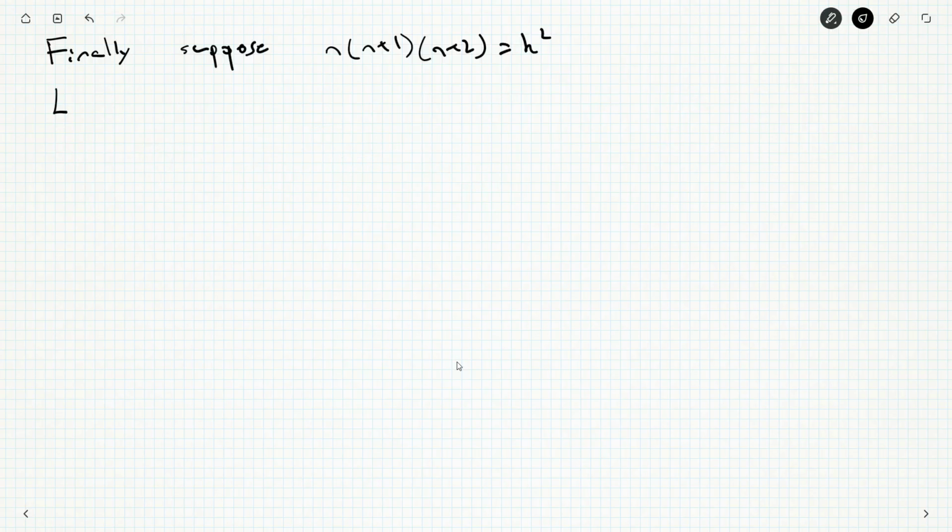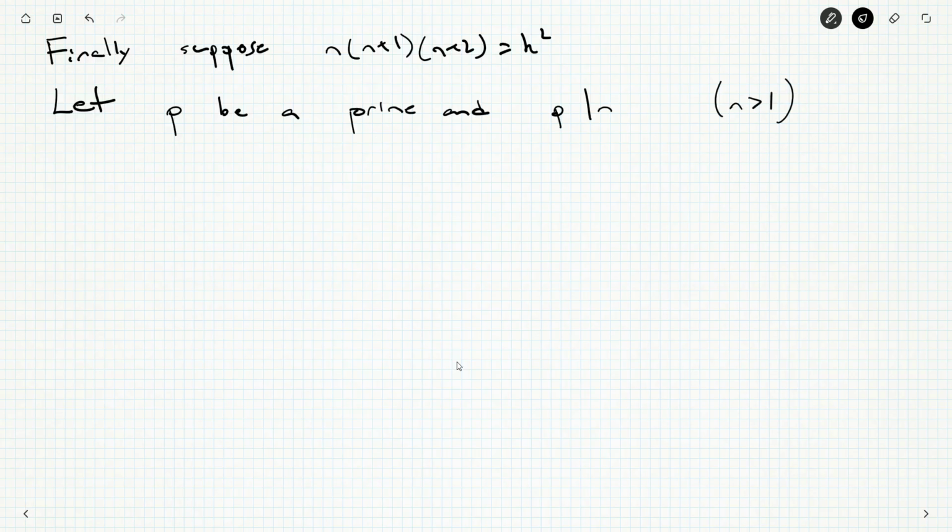Okay, hold on. Let's try something like this. Let P be a prime, and P divides n. So that means that n has got to be greater than 1. If this pans out, we're going to have to also show that 4 is the Murray number of 1, but that won't be too hard.